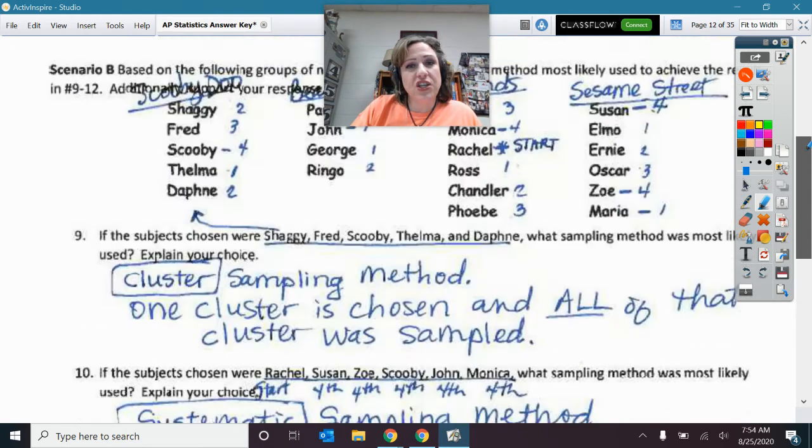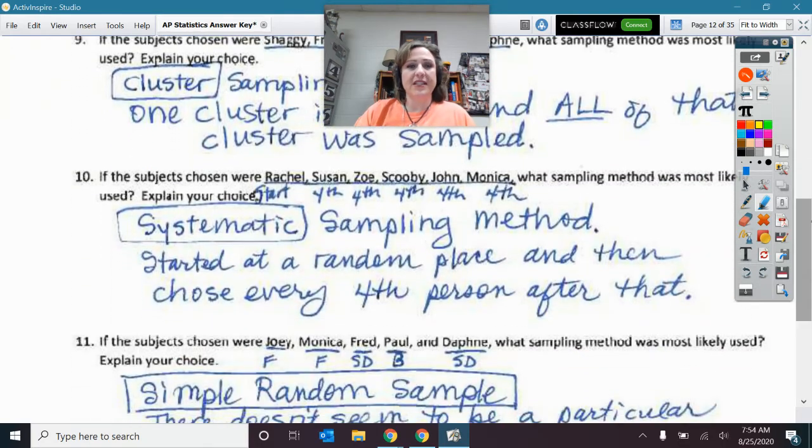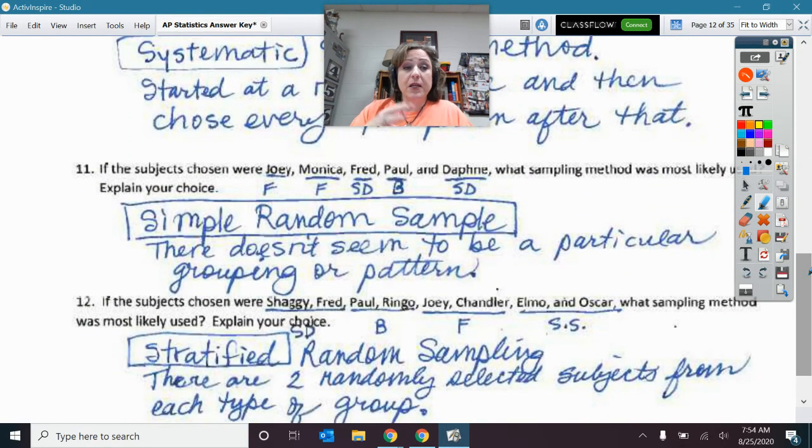So that means nobody from Sesame Street was chosen. Okay. So I could tell I got 2 from some of them, 1 from Scooby Doo, none from Sesame Street. So in my mind, that's just a simple random sample because every possible combination of choosing 5 is equally likely to happen.